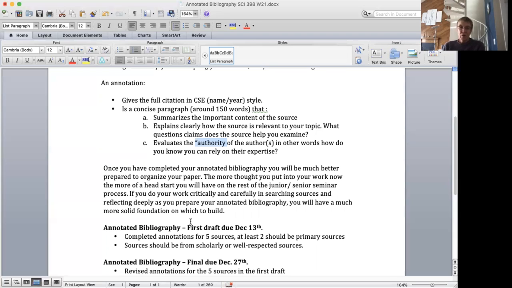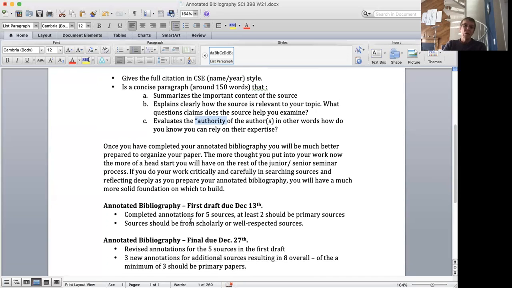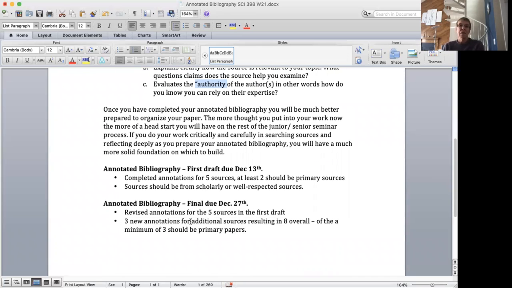After the submission of your first draft, we will go through those at one of our Thursday or Tuesday meetings, and I will give you all of the corrections on it. Then you will revise the annotations that you submitted in the draft, and also add 3 more annotations for additional sources, so that you end up with a total of 8, and the final total, a minimum, should be 3 primary papers.